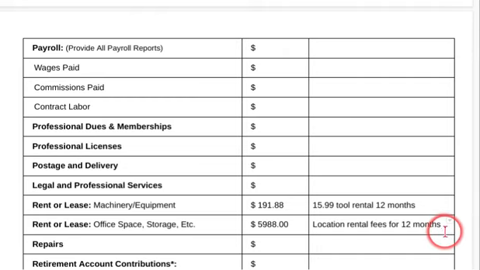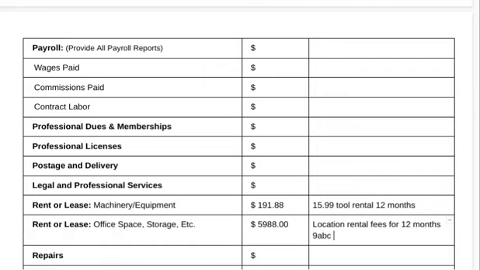And then in parentheses, you could put the address to your property, to just be a little bit more specific, if you want.